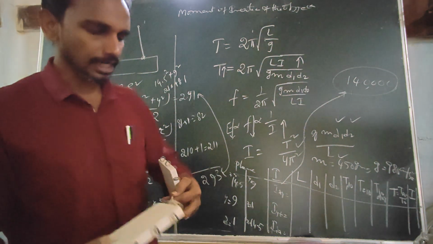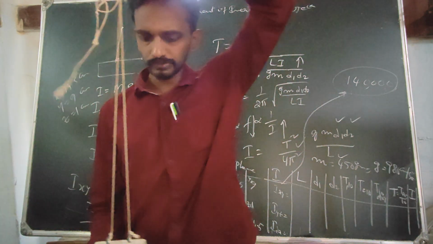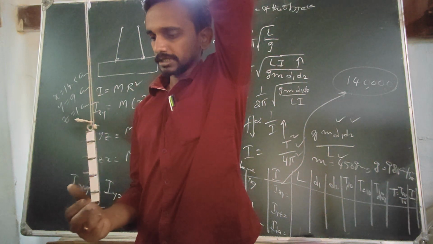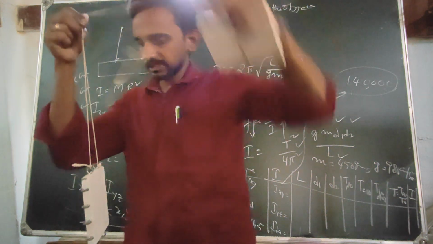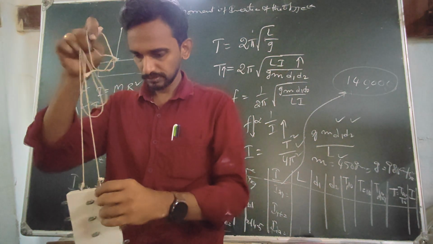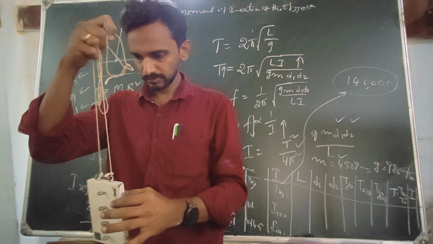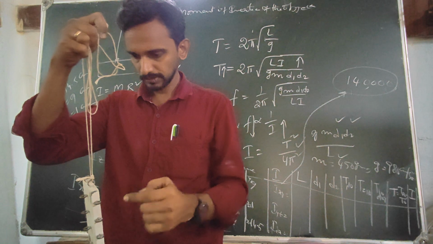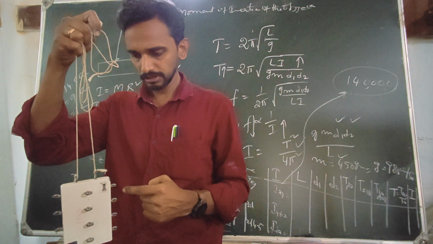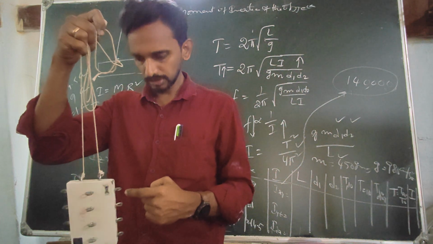So to calculate the time period, what shall we do? We have to start counting. Let's say if it is like this. Let's say if you start counting your 0 here, 1.